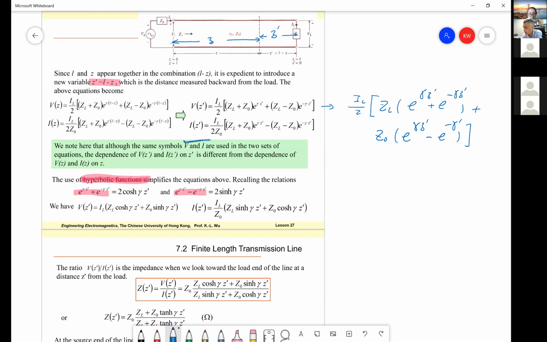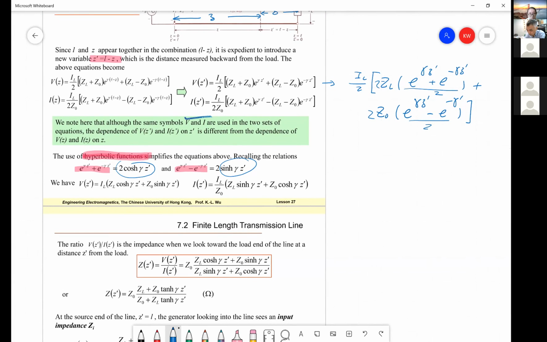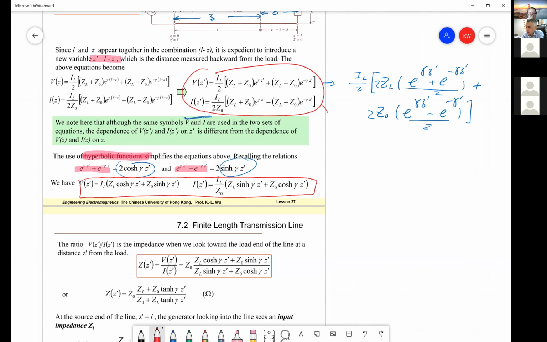if we divide by 2, multiply by 2, right? Then we can replace this by cosh and sinh functions, okay? In this way, we have another form of the transmission line equation. So basically it's the same thing, right? So this, we can come to this, right?